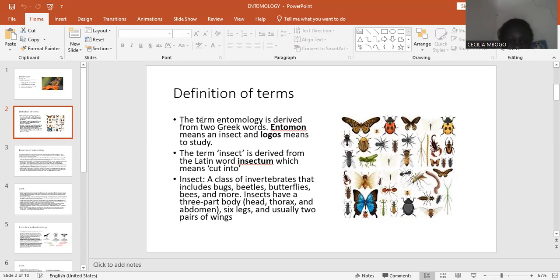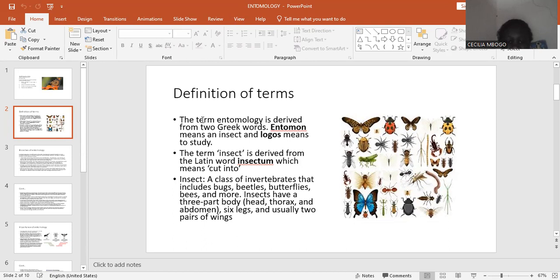So from the definition of terms, the first word, entomon, from the word entomology, means an insect. And then logos, we all know logo or logi or logos is about to study. So here we want to study more about the insect.